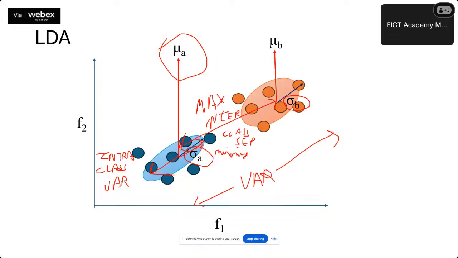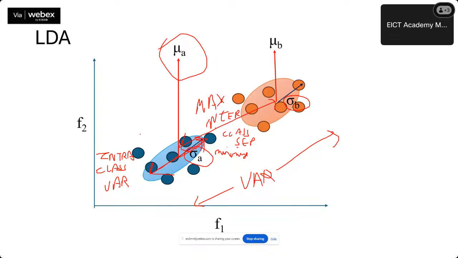Everybody who knows how results are prepared calculates the standard deviation of the batch, and then says average plus or minus 1 sigma are average students, average plus 2 sigma are good students, average minus sigma are bad students, average plus 4 sigma are truly exceptional students, and so on. So I do a Gaussian fitting on 1D marks. The same appears over here, where I'm doing Gaussian fitting over the entire data in one dimension, which is this axis.